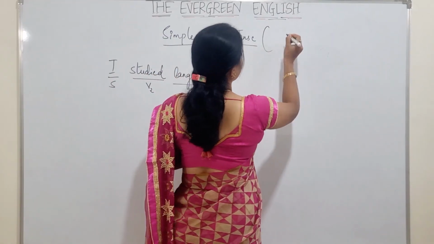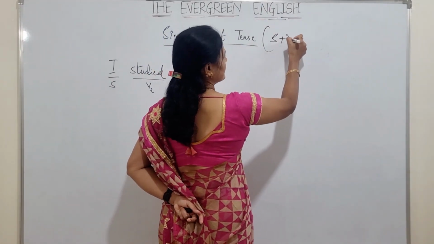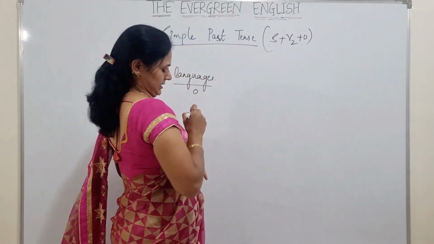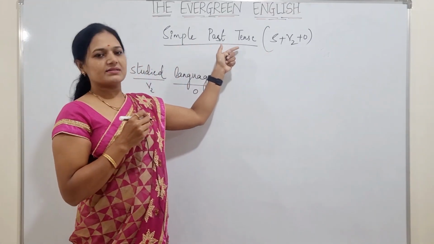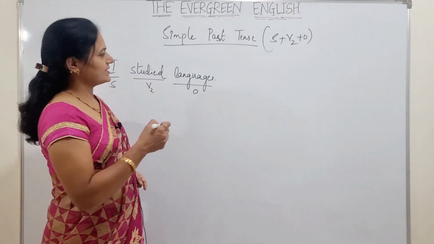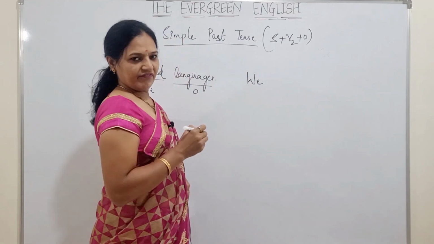Correct. So here let's go with the formula. Subject plus V2 form of the verb plus object. This is the rule or formula of simple past tense. Clear? I studied languages. First person plural, we.